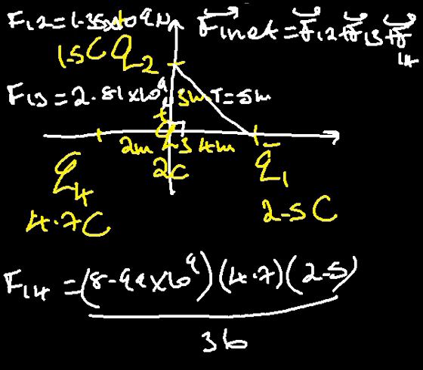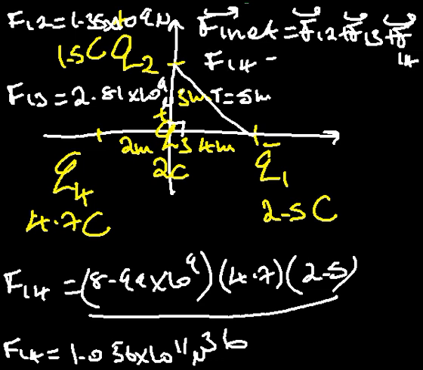I will have it as F14, which will be given as 1.056 times 10 to the power 11 newtons. That is the value of F14, 1.056 times 10 to the power 11 newtons.